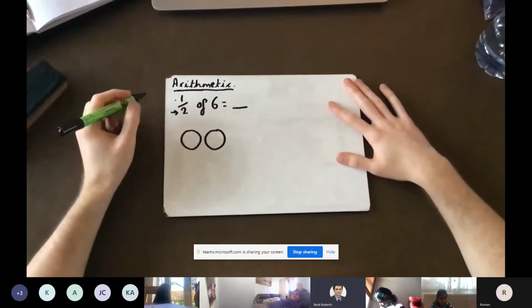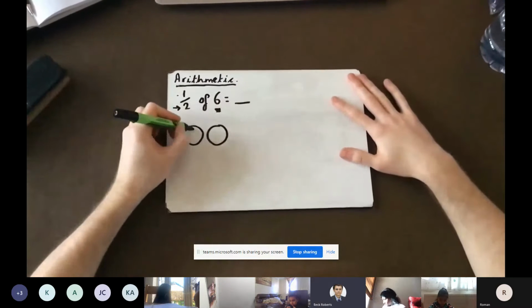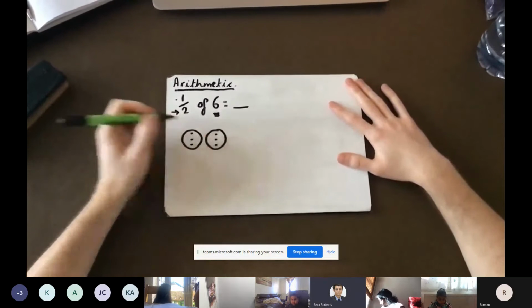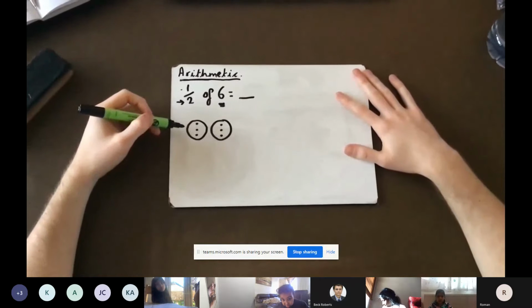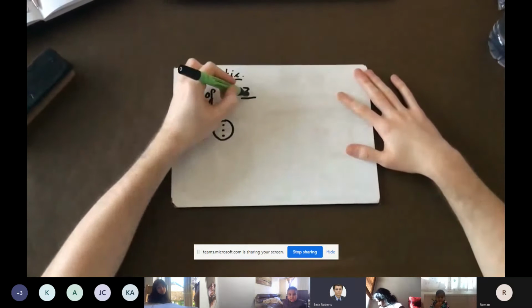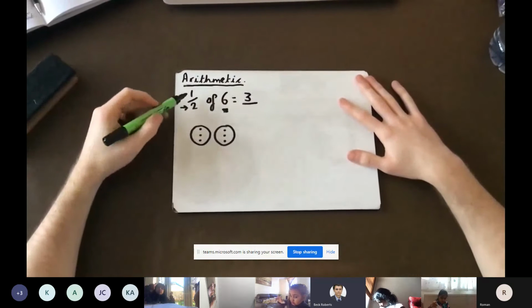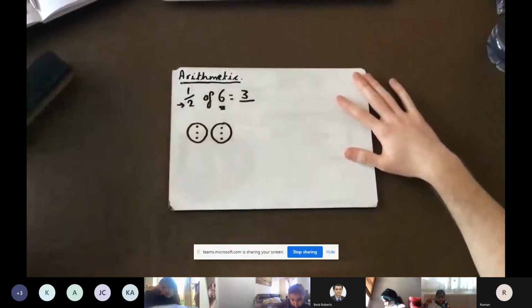And I'm going to be counting one of them, how many in each. So I'm then going to share my 6. So 1, 2, 3, 4, 5, 6. How many have I got in each group? I've got 3 in each group. That's me sharing what's half of 6, so 3 in each group.